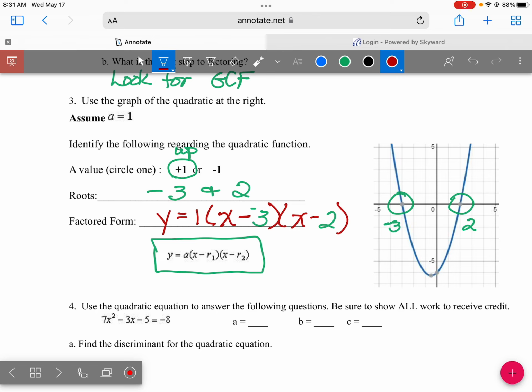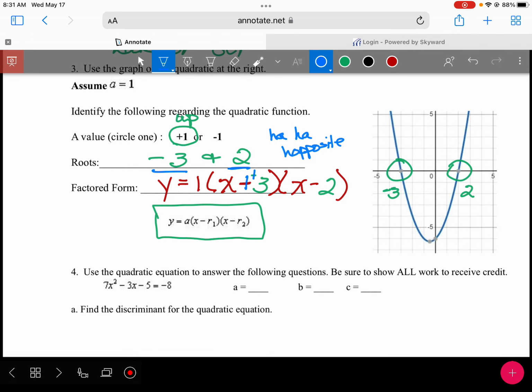Now, the only thing I need to change here, you can't have a subtracting a negative, so this changes to +3. This has to do kind of with the opposite, if you remember. Because it looks like my root is a -3, but when you put it in factored form, it becomes +3. My root here looks like a +2. In factored form, it's going to look like a -2. Okay?